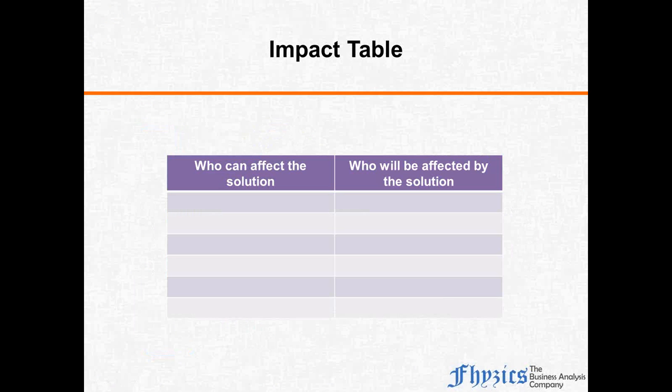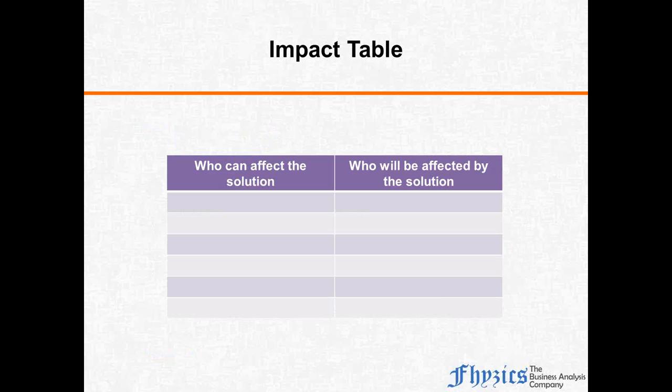The first one is the impact table. This is a very simple way to identify the stakeholders, just from the definition we discussed just now. It has these two columns, right? One is who can affect the solution, and the second one is who will be affected by the solution, right? If we fill this particular table, we have the stakeholders.